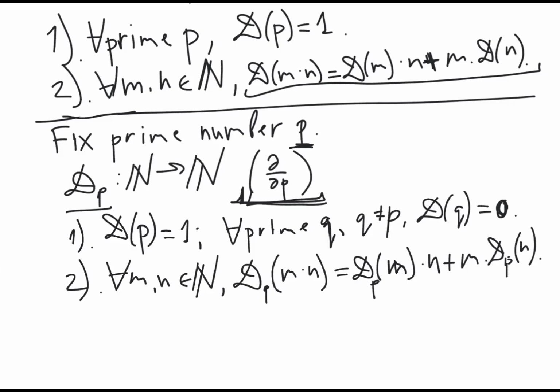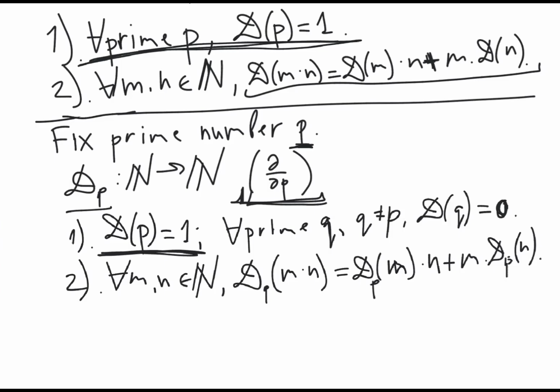So basically we keep the product rule the same, and instead of saying that it's equal to 1 for all prime numbers, we say that it's equal to 1 only for one specific prime number, and for all other prime numbers it's equal to 0. So this is a partial derivative.